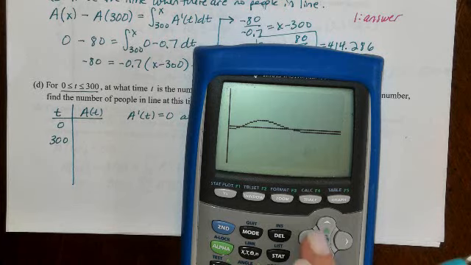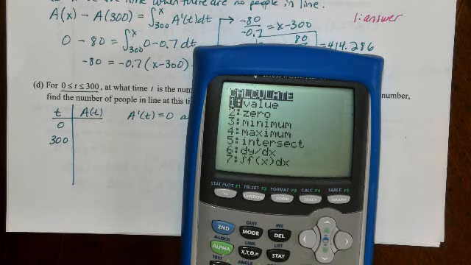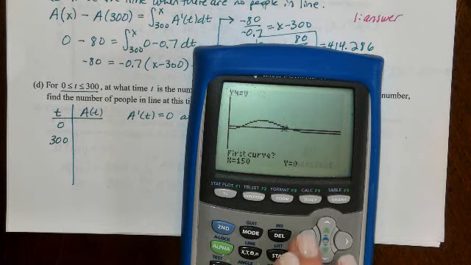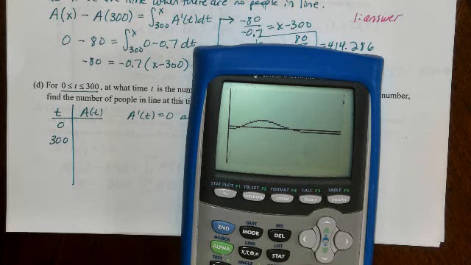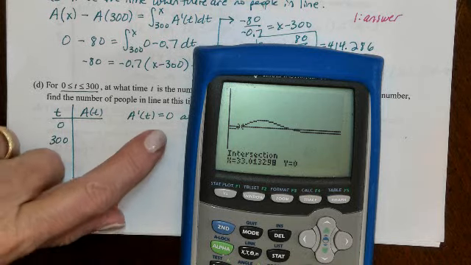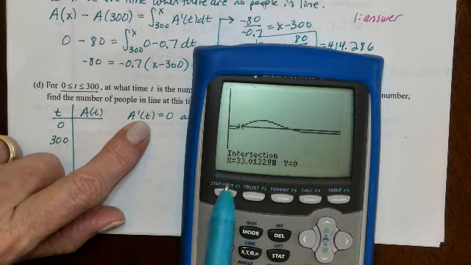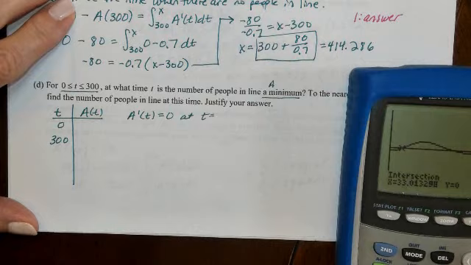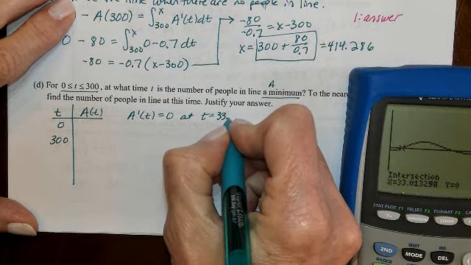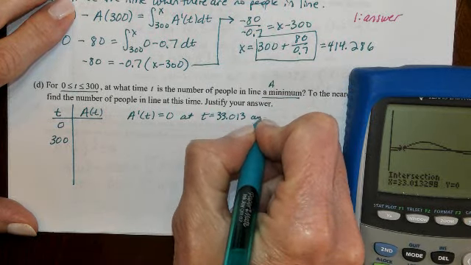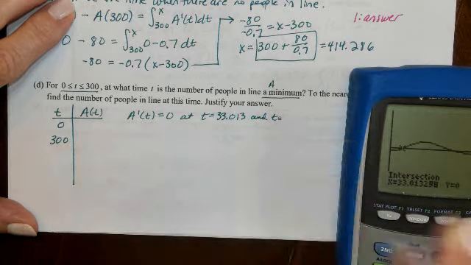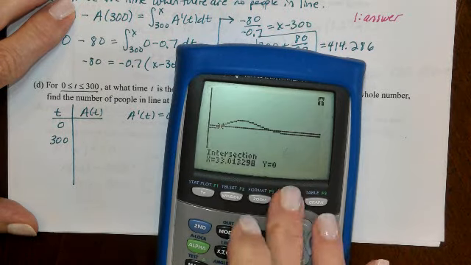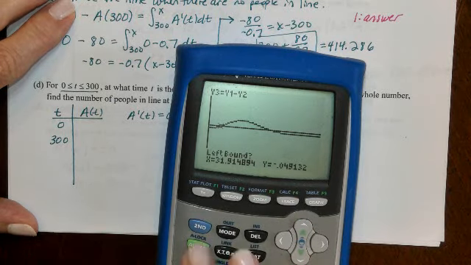So I'm going to do second calc intersect. Come over, I like to grab the lower one first. You can grab either one, of course. So that time that A prime is 0 is 33.013. And there's another time, second calc 5, whoops, second calc 5.